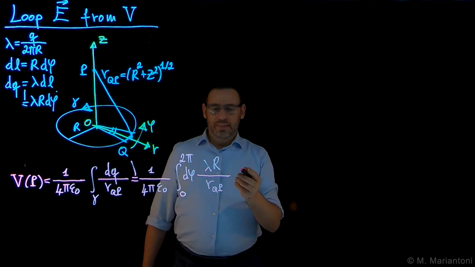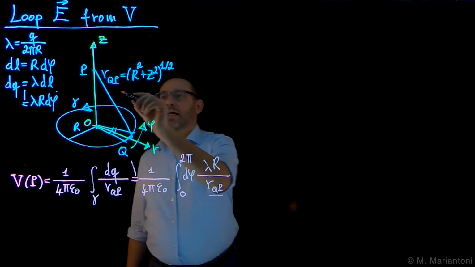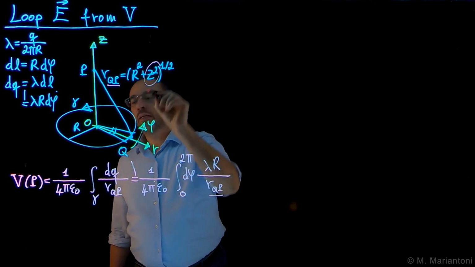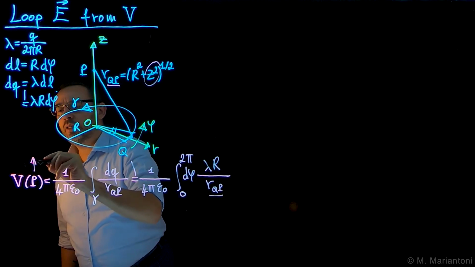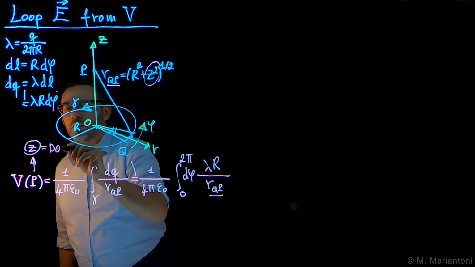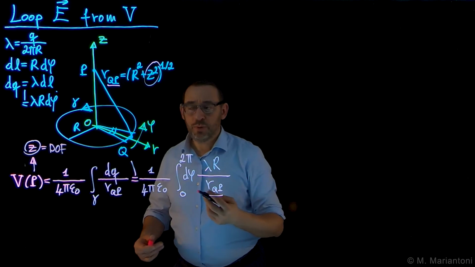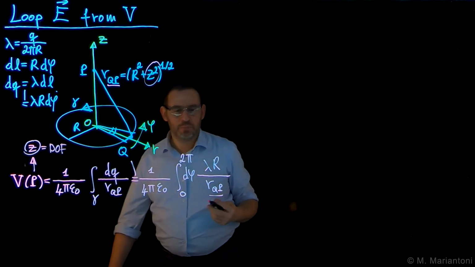Okay, this is a simple integral where clearly we already see that R_QP depends only on z, so this potential will be only a function of the variable z, which is our degree of freedom. We already know this from a previous video when we used Coulomb's law and the superposition principle, for example, to find the solution to this problem.